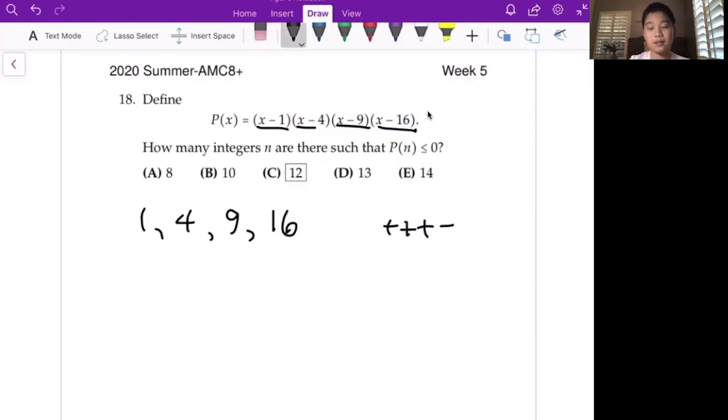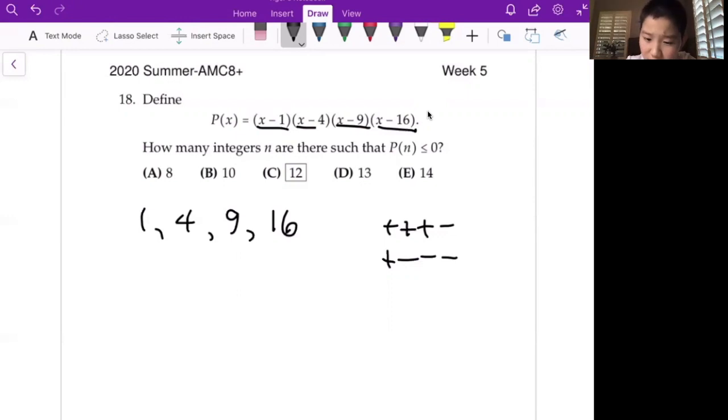No, it's not. And if 1 of them is positive and 3 of them are negative, is it less than 0? Well, yes. And then if all of them are negative, no, it's greater than 0. So we have these two cases to consider other than 1, 4, 9, and 16.